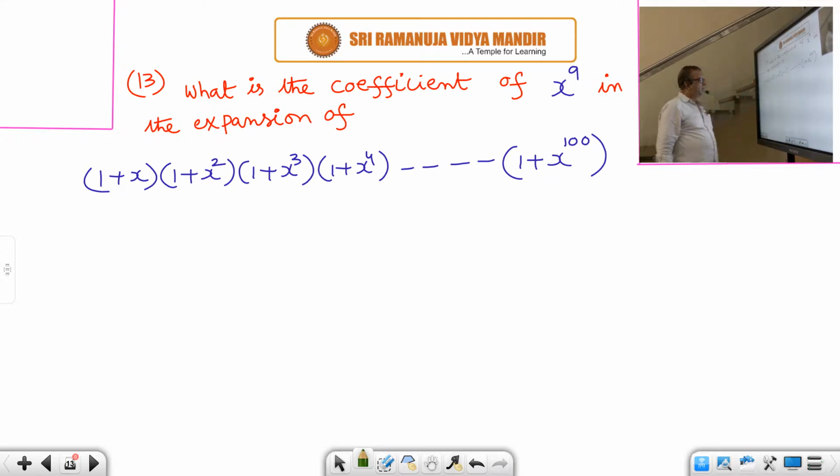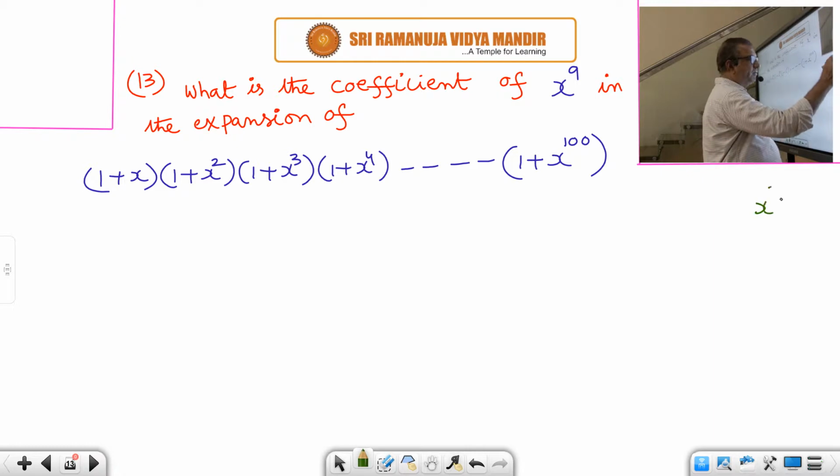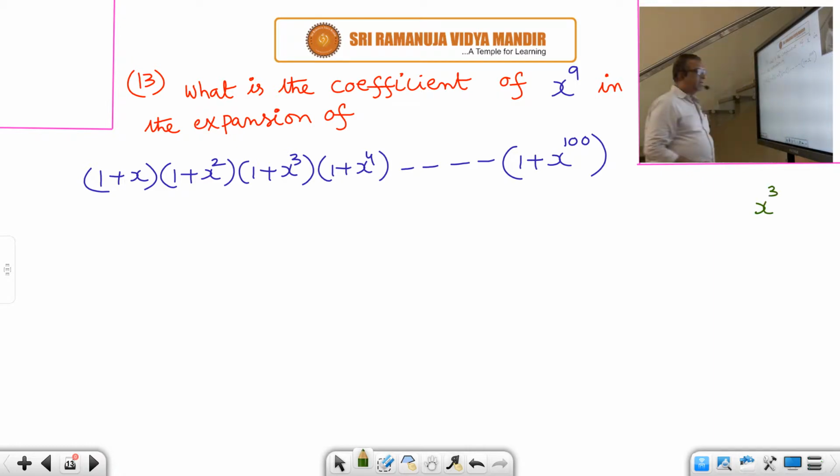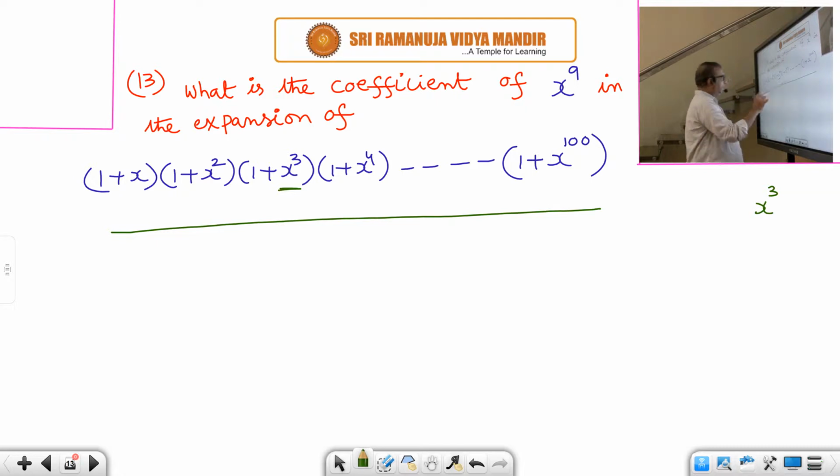Suppose we leave x power 9 for now. What is the coefficient of x cube? To get x cube, you take the x cube term here and multiply by 1 in all the other brackets. Any term in this total expansion is obtained by taking one term from this bracket, one term from that bracket, and so on up to the last bracket.